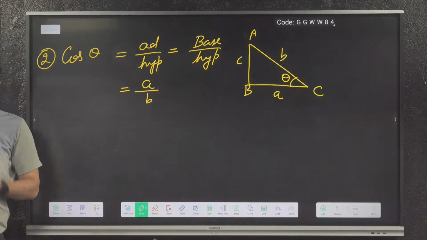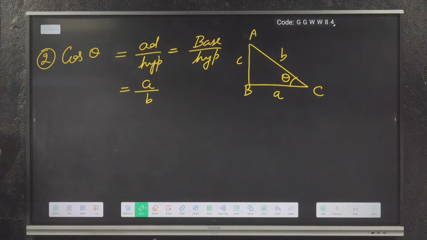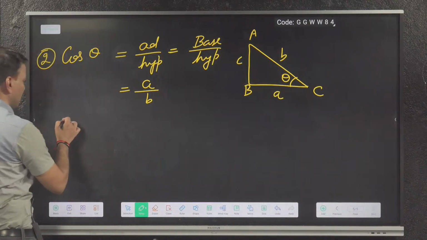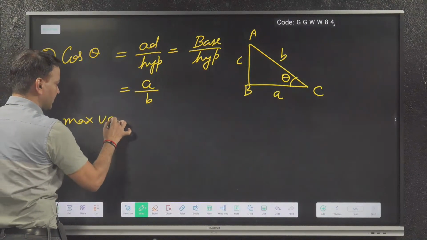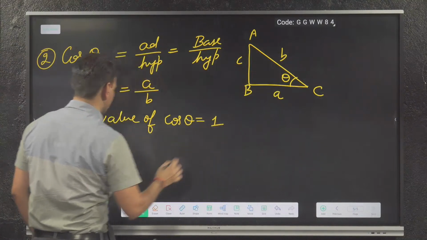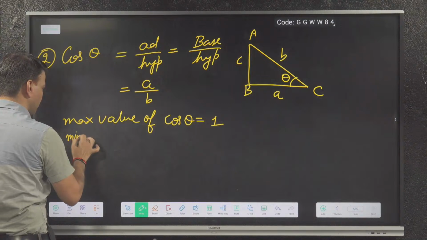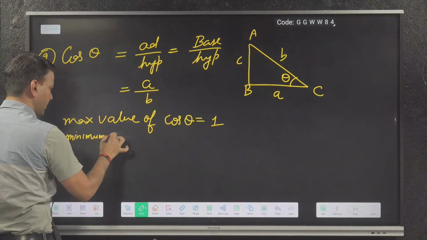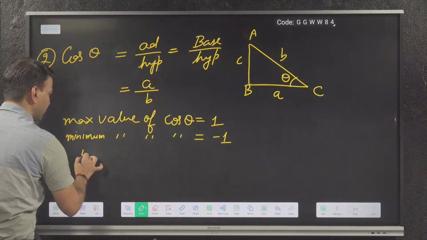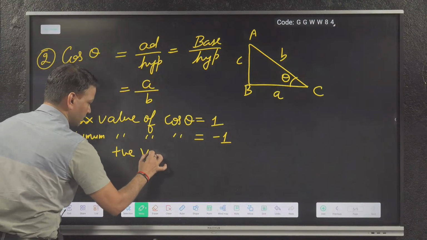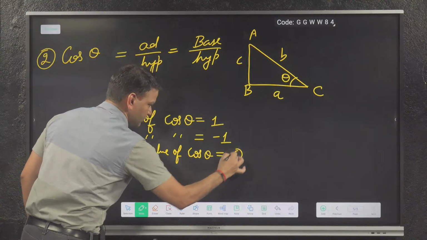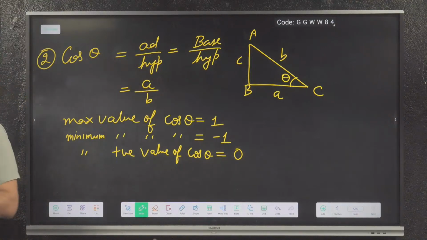Completed? Maximum value of cos theta is equal to 1. Minimum value of cos theta, same like sin theta, is -1, and minimum positive value is zero.